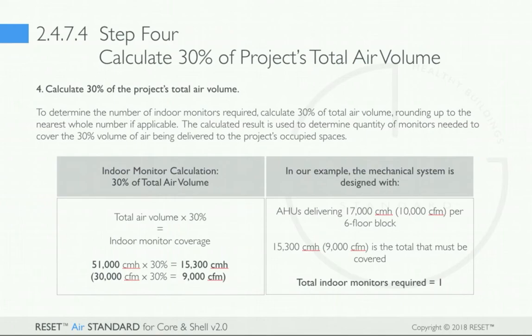Now in our example, my mechanical system is designed with air handling units that deliver 17,000 CMH or 10,000 CFM per 6-floor block. 15,300 CMH or 9,000 CFM is the total that must be covered. Therefore, the total indoor monitors required is only 1. And again, this is due to the air handling unit delivering a nice amount of air per 6-floor block.